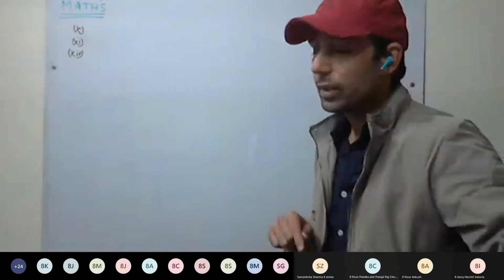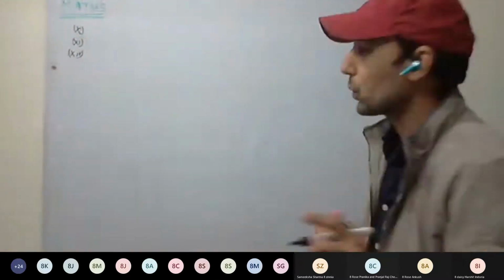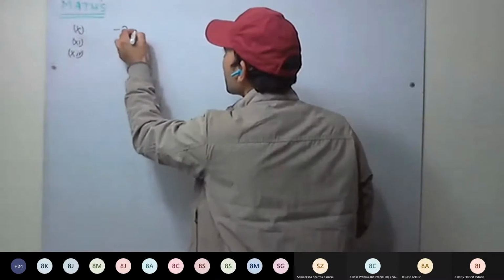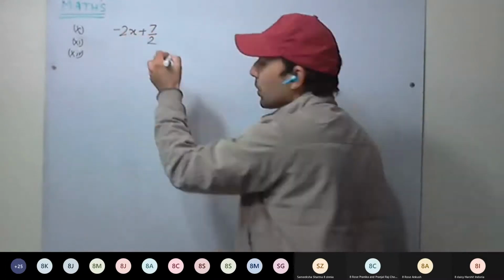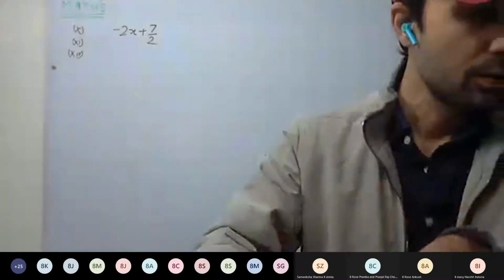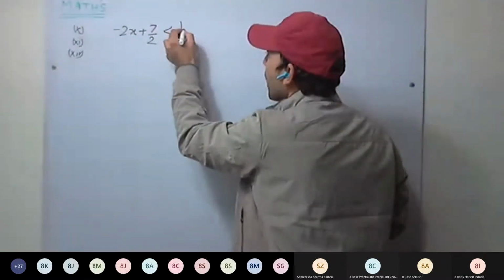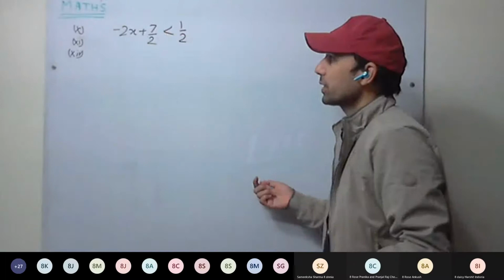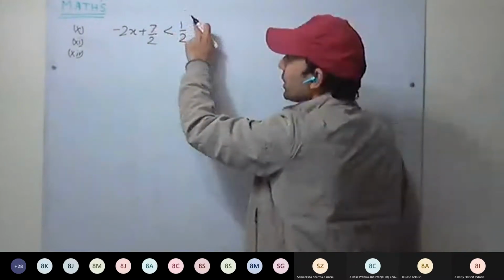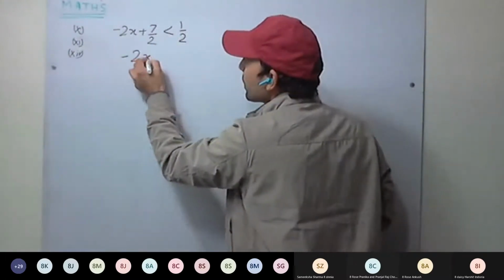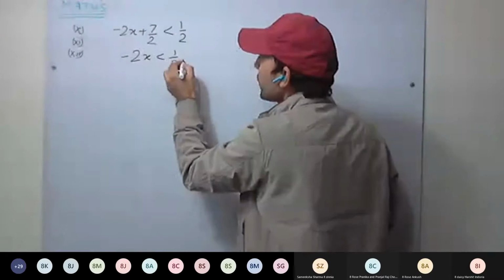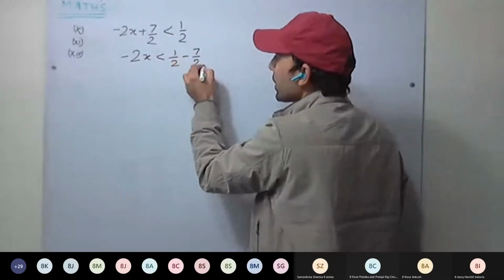Okay. So see here, 10th question first. Minus 2x plus 7 upon 2 is less than half. Okay, this is the question. Take the constants on the other side. Minus 2x less than 1 by 2 minus 7 upon 2.